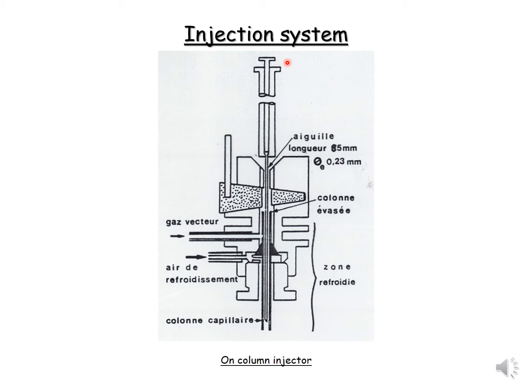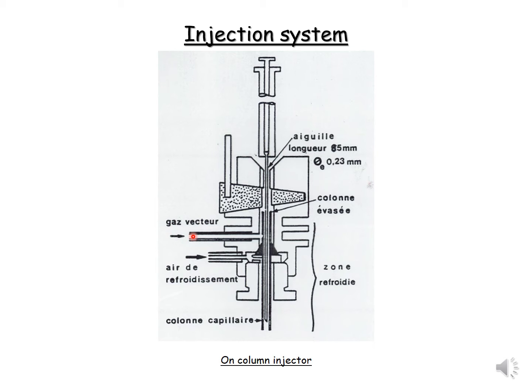Here you have the representation of the on-column injector, and there are some differences from the classical splitless injector. You see that there is no more septum. Here you have the syringe and the capillary column, directly linked to the gas vector, which is the carrier gas.